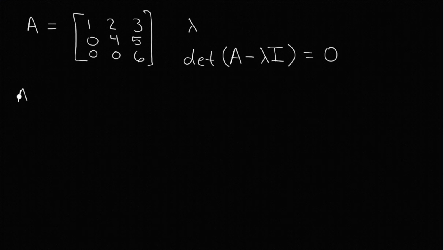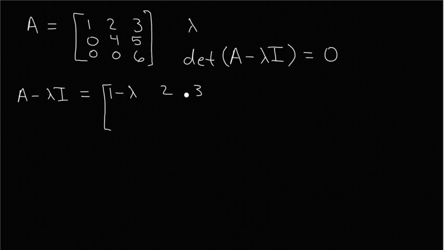So if I do that, what's going to happen is every element that's on the main diagonal is going to be subtracted lambda. So we're going to have 1 minus lambda, 2, 3.